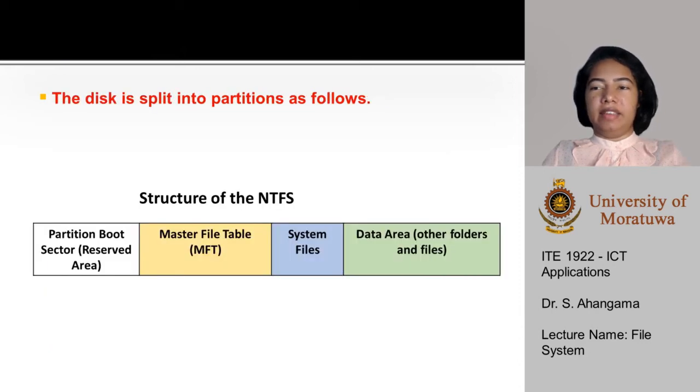Let us consider the structure of NTFS. First, we have the partition boot sector, which sits at the front of the disk and contains information that the file system uses to access the disk data.